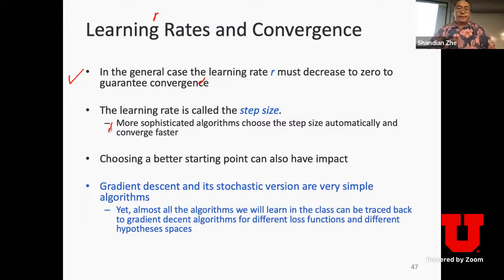For example, nowadays the most popular stochastic gradient descent learning algorithm is called ADAM. It is a way to dynamically schedule the learning rate R for every step and for every model parameter. So the rate can vary across model parameters.